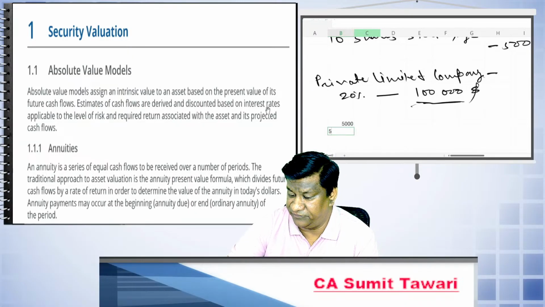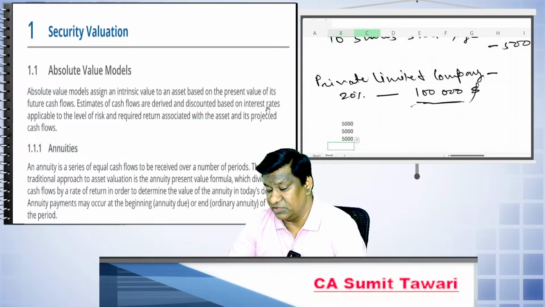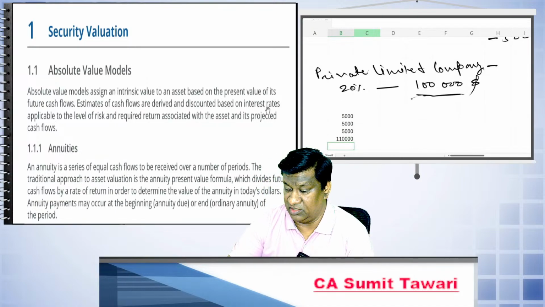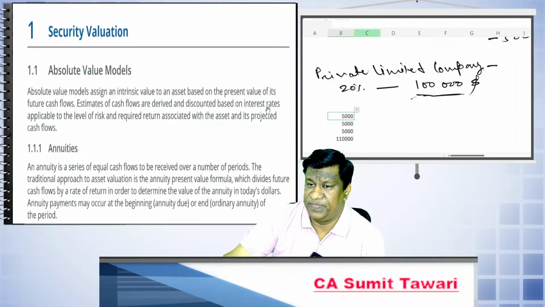So you will get 5,000 for 3 years, and at the end of the third year you sell your shares at a 10% growth, so you will get 110,000. Your expected return is, say, 15%.